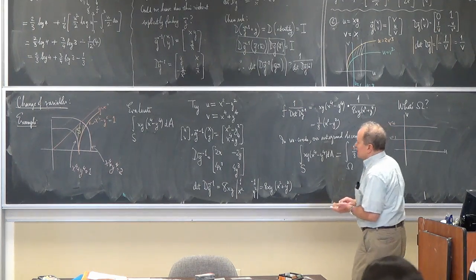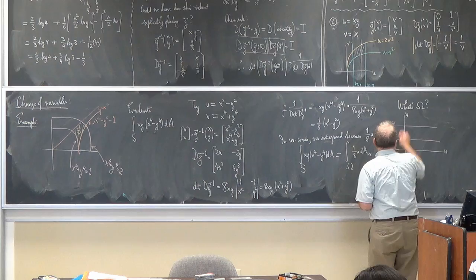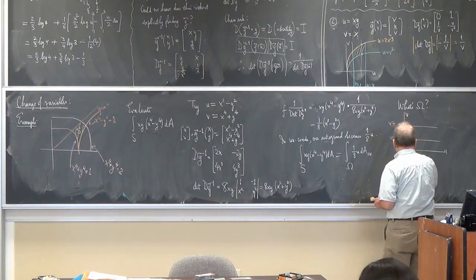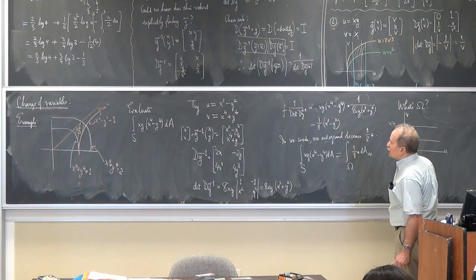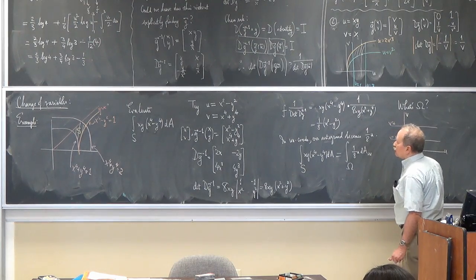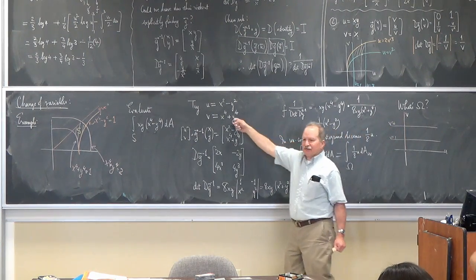It's u equals 0. So the line y equals x becomes the v-axis, or at least the positive part of it, maybe. Yeah, v is always positive.